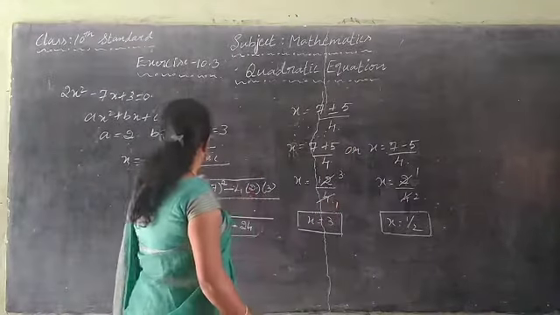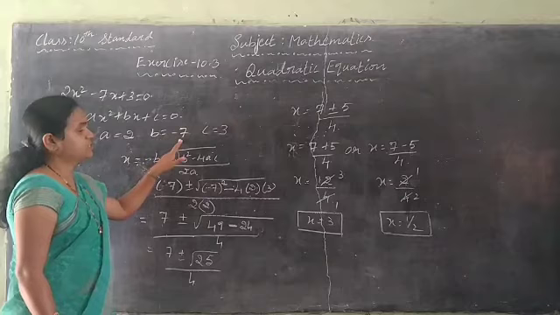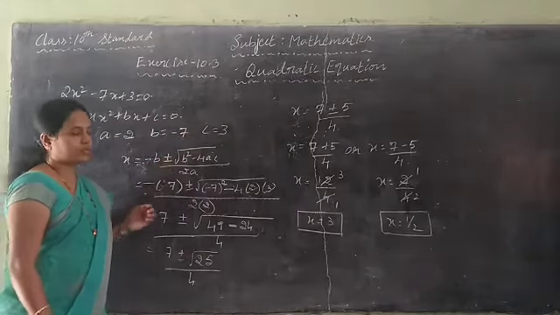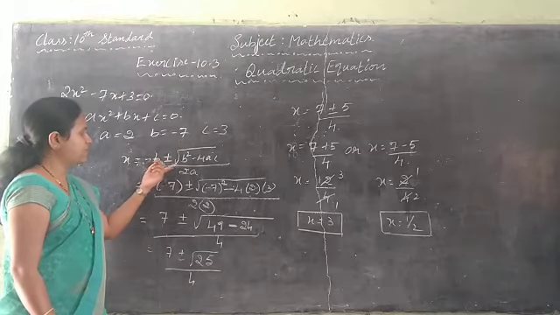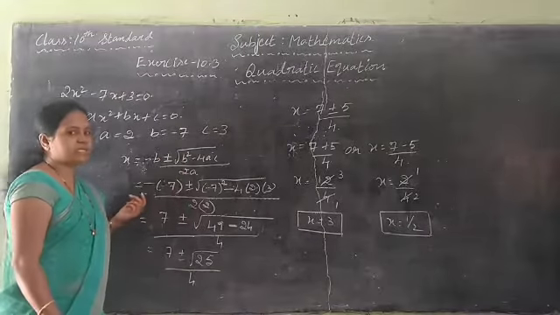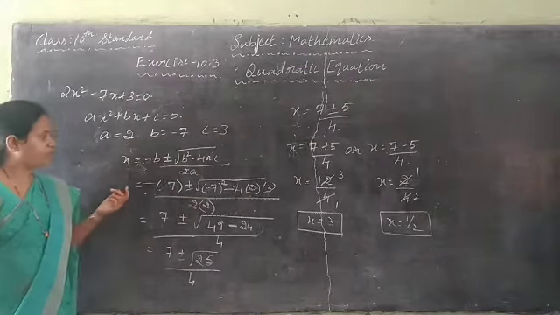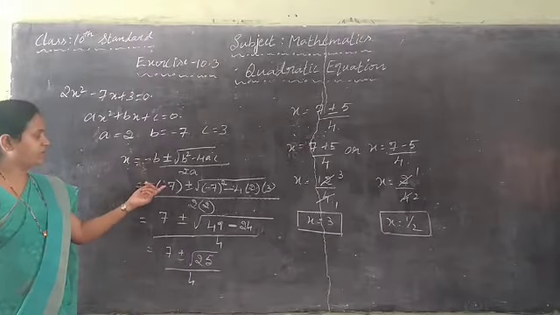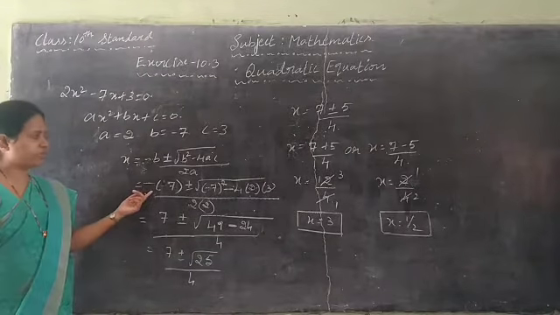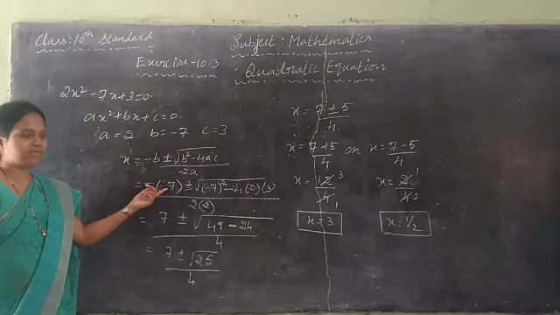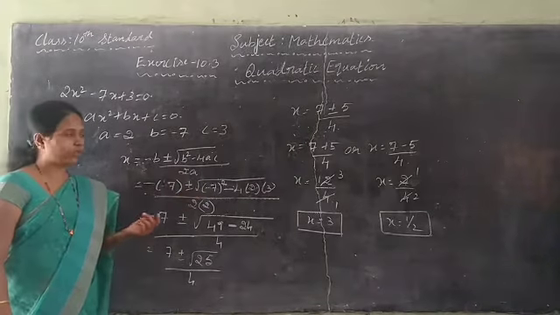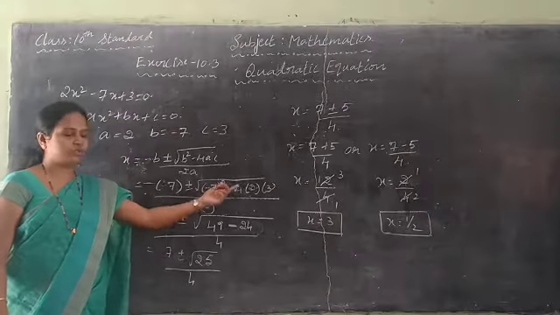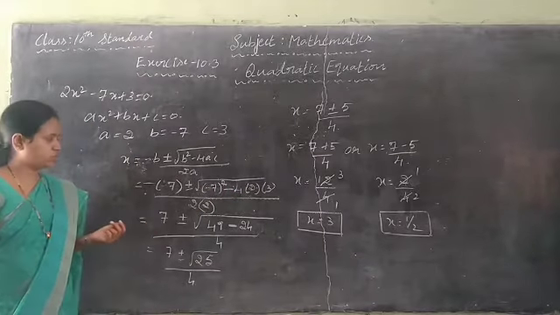The value of a is 2, b is equal to minus 7, c is equal to 3. So x is equal to minus b plus or minus square root of b square minus 4ac, divided by 2a is the formula. Then write the value of b, the minus as it is: minus 7 plus or minus, b square means minus 7 whole square, minus 4 into 2 into 3, divided by 2 into 2.